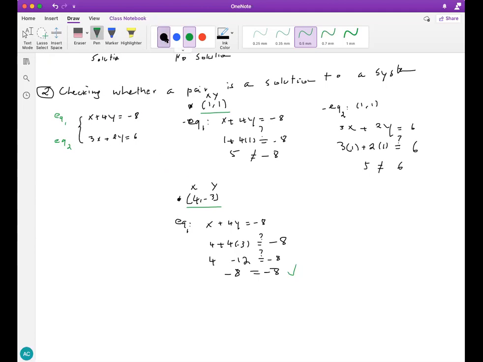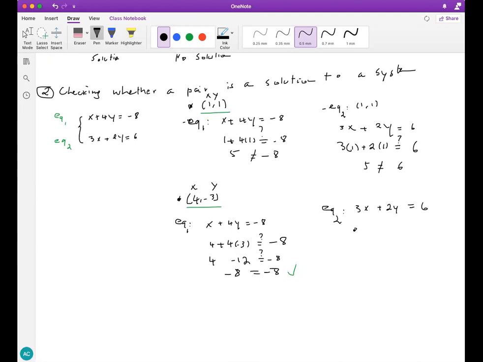So let's do equation 2. Equation 2 again is this one, 3x plus 2y equals 6. So both x and y are here.